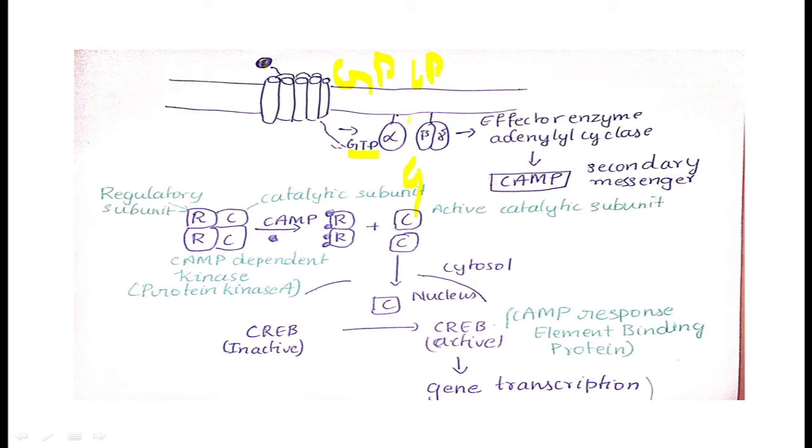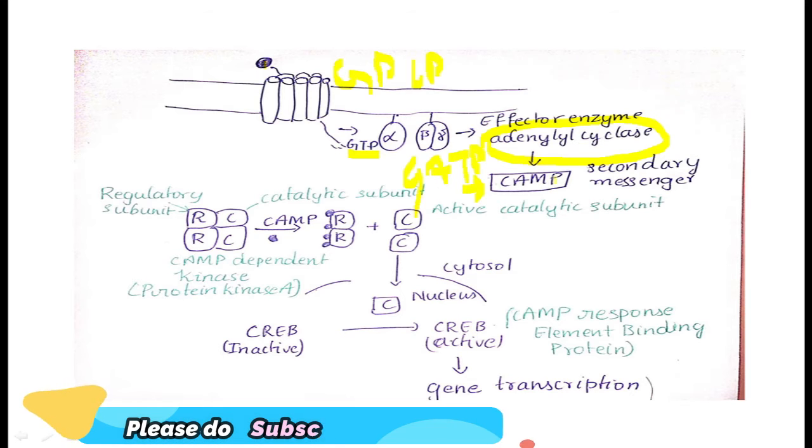Now what happens? This leads to the activation of an enzyme called adenylyl cyclase, which is going to convert ATP, adenosine triphosphate, to cAMP. cAMP is cyclic adenosine monophosphate.